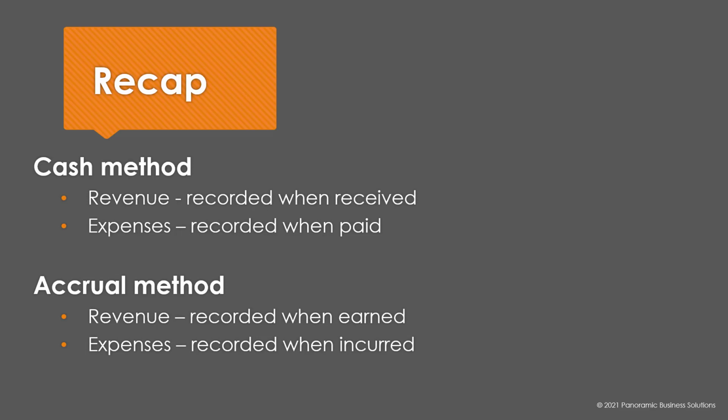Under the accrual method, it is actually a more complete picture where you are matching revenue to expenses because you are recording the revenue when you actually earn it. When you deliver the service, usually that's the same date as the invoice. Also, the expenses, they are recorded when you actually incur them, not necessarily when you actually pay.